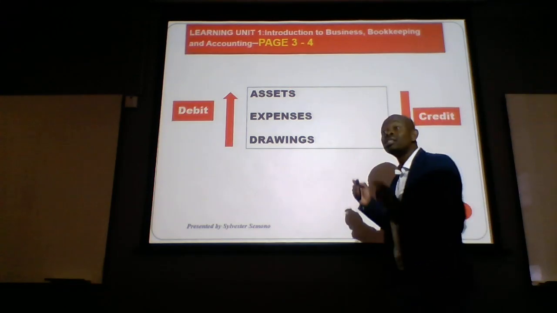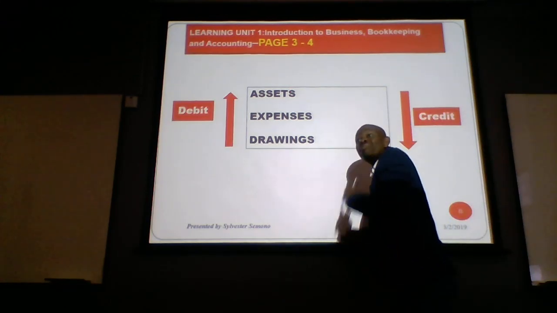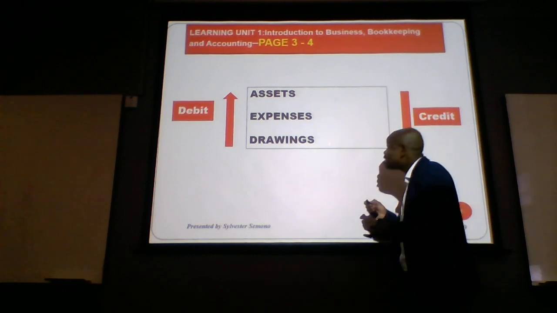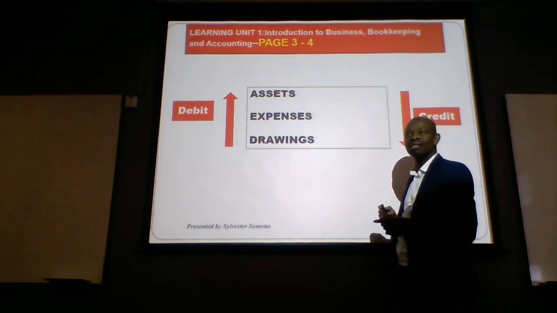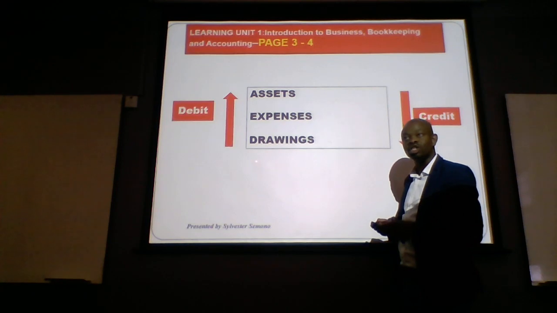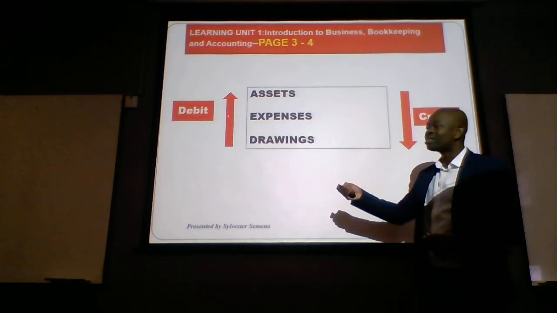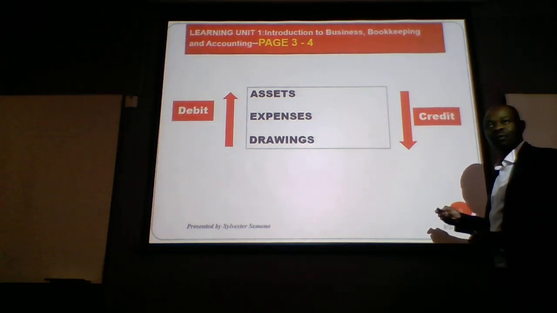Unlike if I read rules on assets only, it means I'm memorizing. So what I need to remember is that in this box, we put assets, expenses, and what? Drawings. So they all behave the same. They all increase under which side? They all decrease under which side?